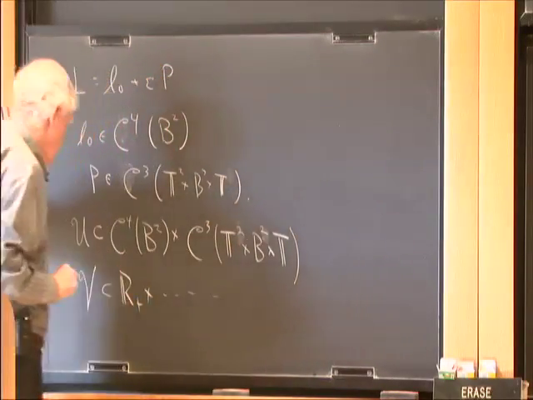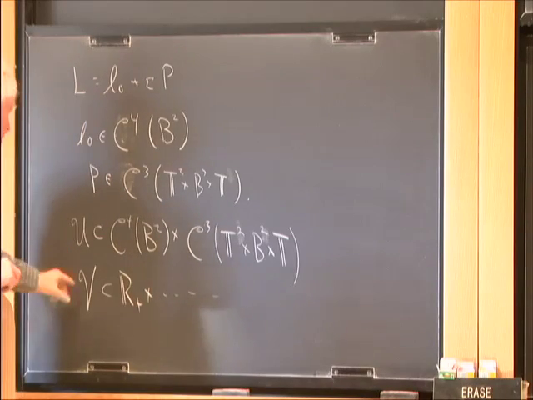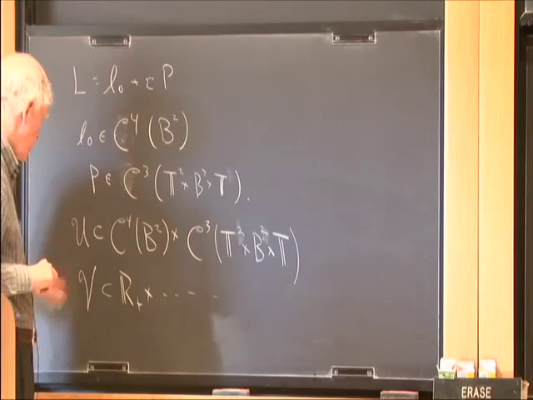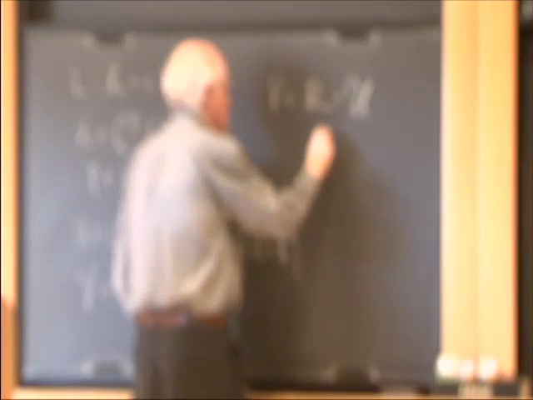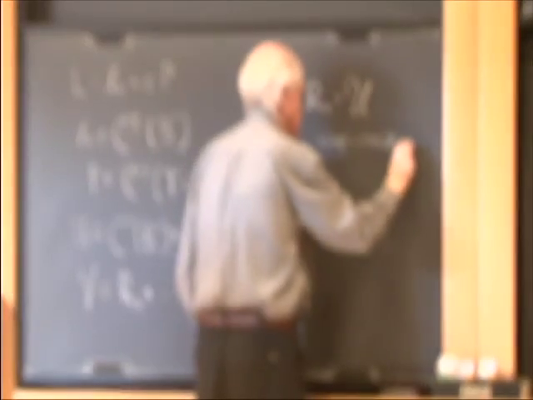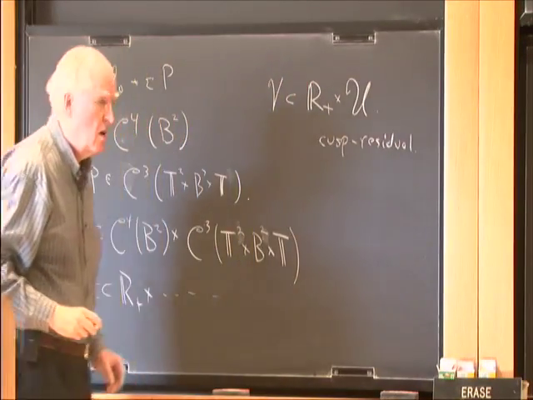Okay, so actually I think I took U and V in the same thing, but anyway, I took U to be positively homogeneous in this thing. And then I took V to be, in this formulation, V is contained in R plus cross U. It's cusp residual.